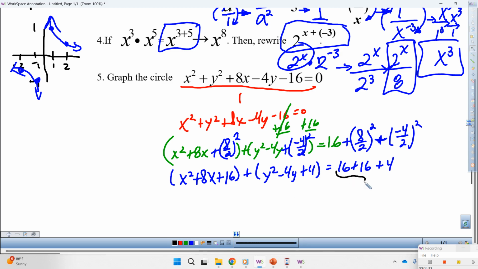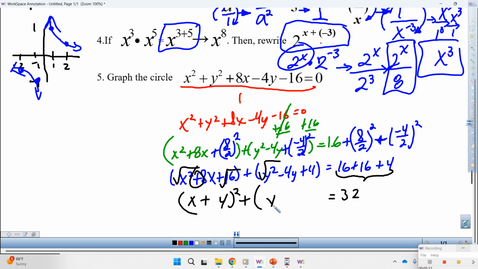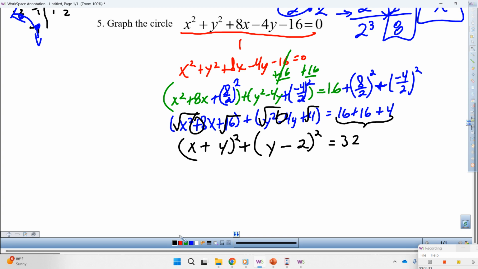That means this side, if we simplify, is 32. And I might as well factor these: square root of this, square root of this, sign of the middle, squared. So by looking at it, our center is negative 4, 2.